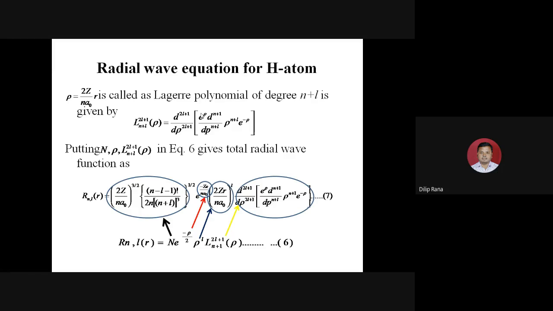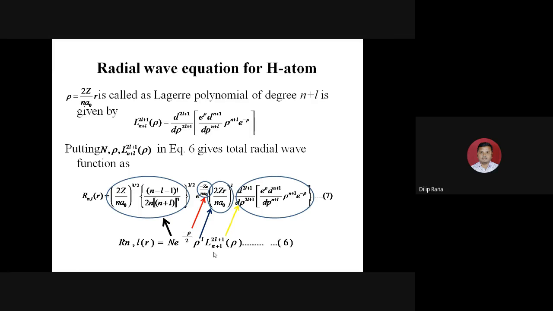It is important because by knowing the radial wave equation, we can determine the exact size of the hydrogen atom, as well as the azimuthal quantum number l, that we can clearly see here, 2l plus 1, n plus 1. l is the azimuthal quantum number and n is the principal quantum number.